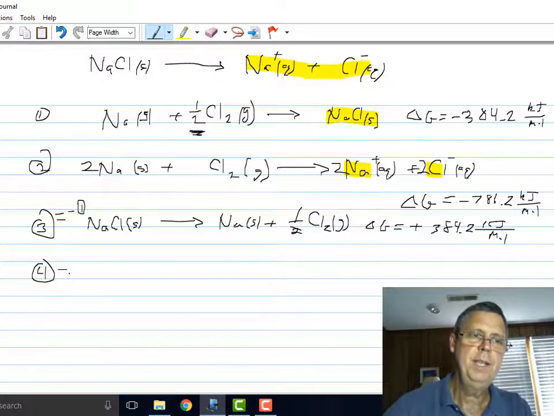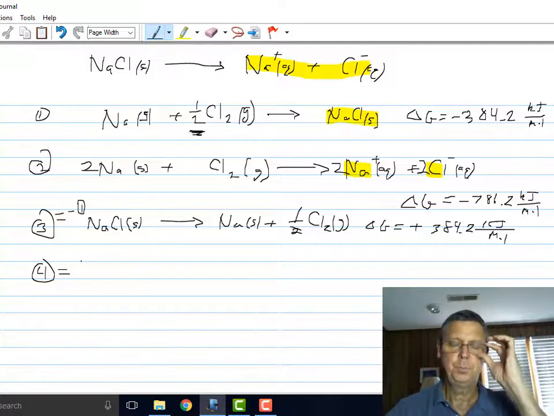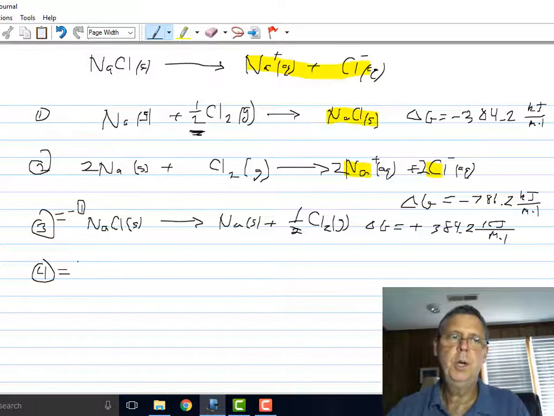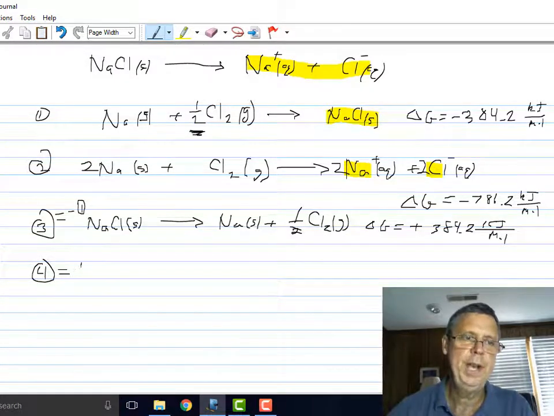Equation 4, since we need to reduce the coefficients of the sodium and chloride ions in equation 2, we really want to have this as 1/2 of equation 2.